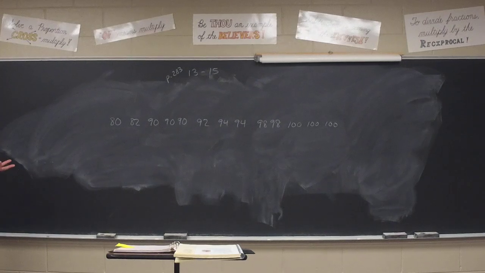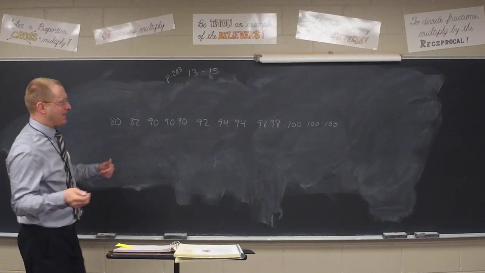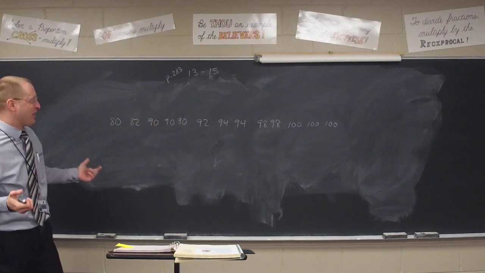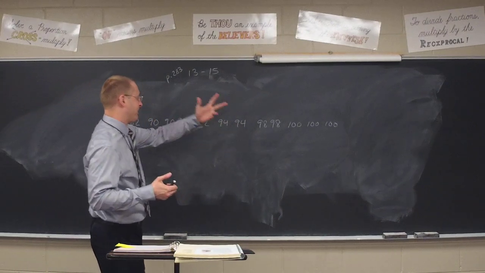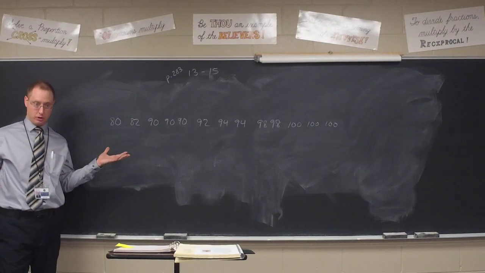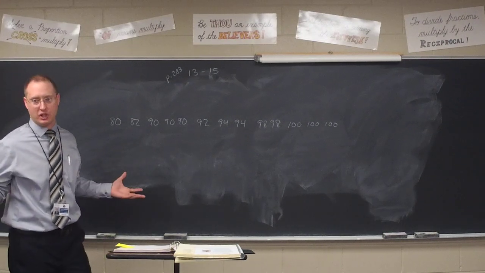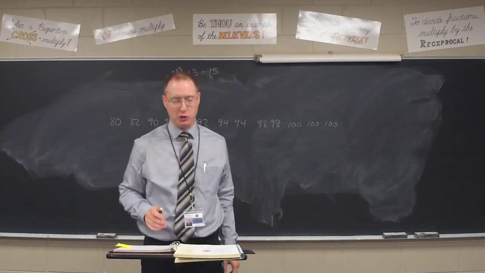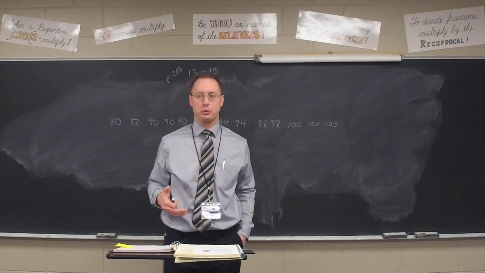Well, technically, he had a few 90s, he had a few 100s. Those are the 2 things that showed up most often. But he also had a couple 94s and a couple 98s. There's really not one thing that stands out. There are times that's the case, in which case you simply have no mode. You see that there at the bottom.